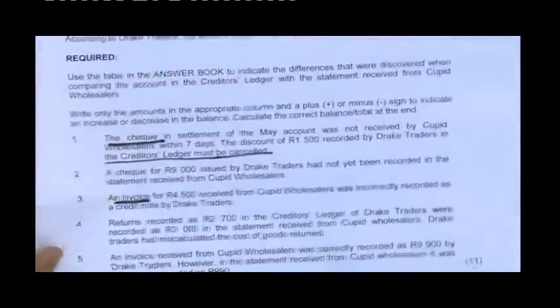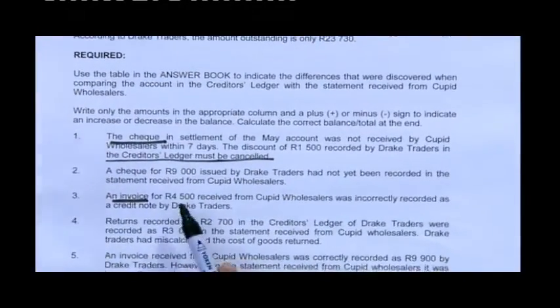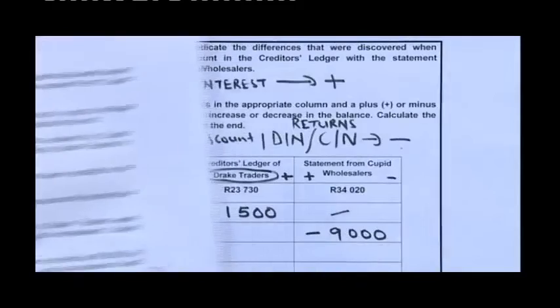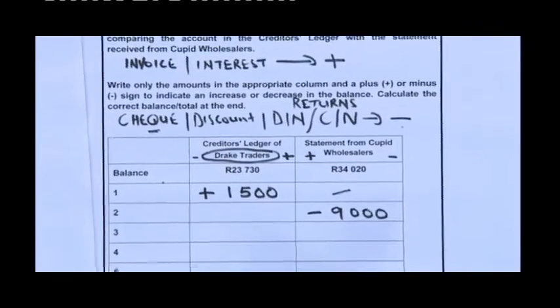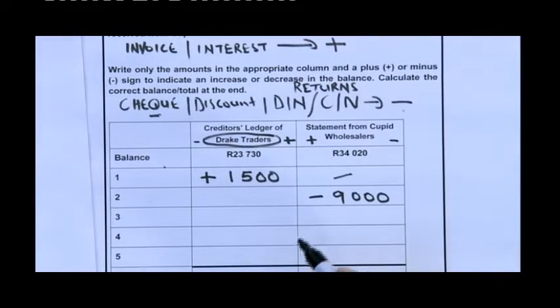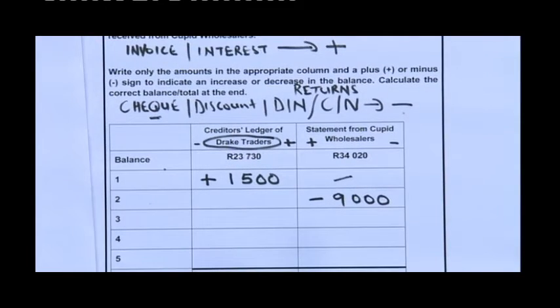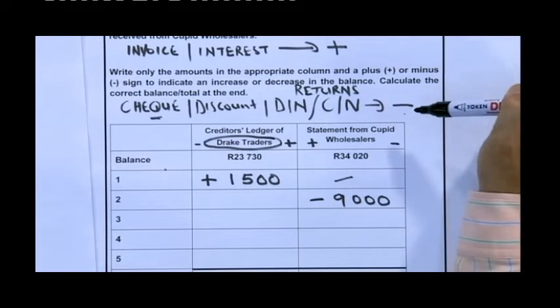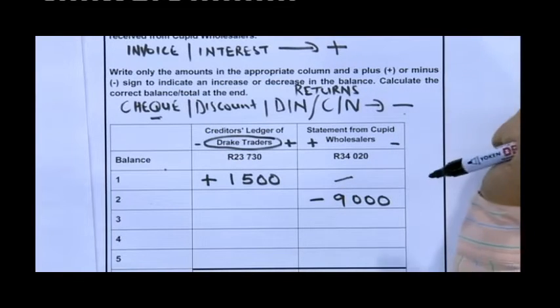It was incorrectly recorded as a credit note by Drake. So in other words, it's an invoice that was recorded as a credit note, or it is a plus that was recorded as a minus.